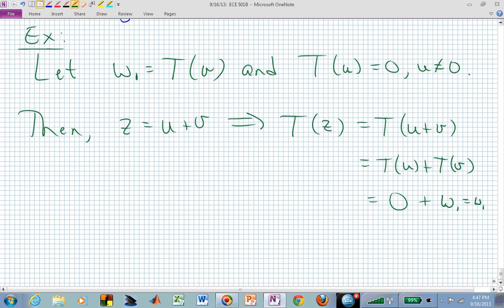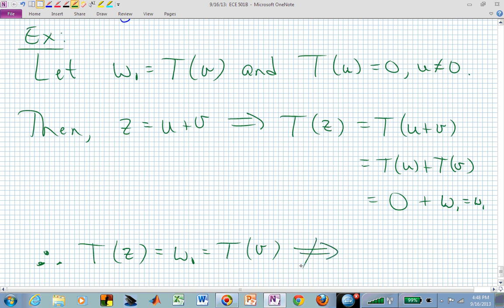And now what do we have? We now have two vectors that live at the same location in the codomain, omega sub 1, or w1. We have T of z equaling w1, which is equal to T of v.